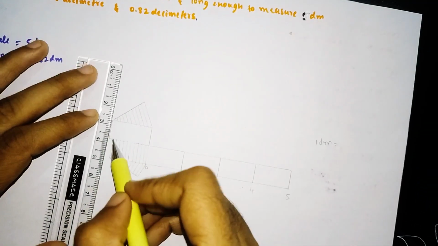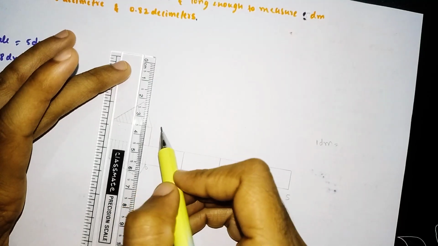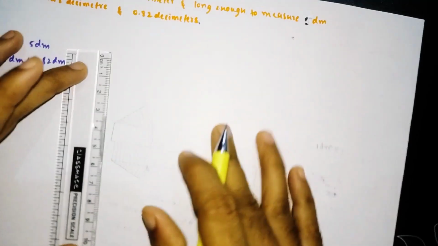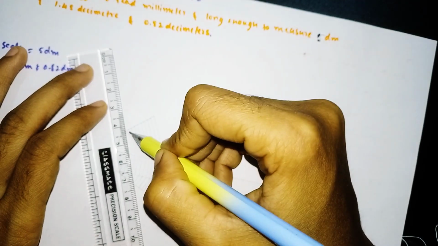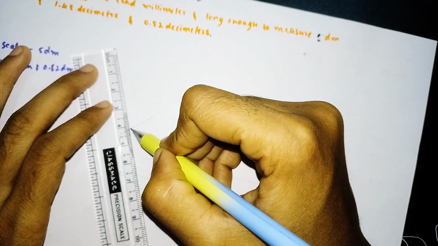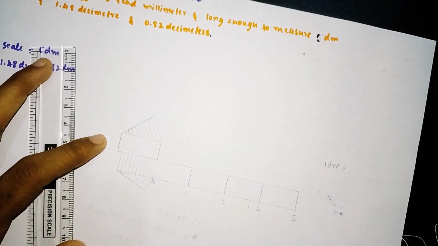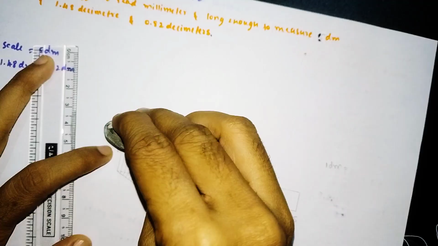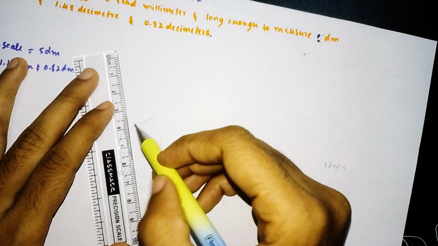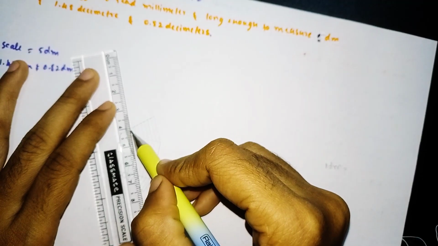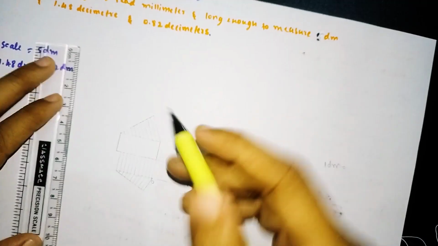Now I will join this line to here. It comes here, it comes here, like this. I will draw it again correctly. We have to join it very carefully. This will come here, this will come here.